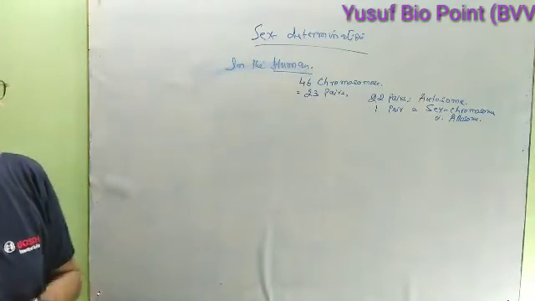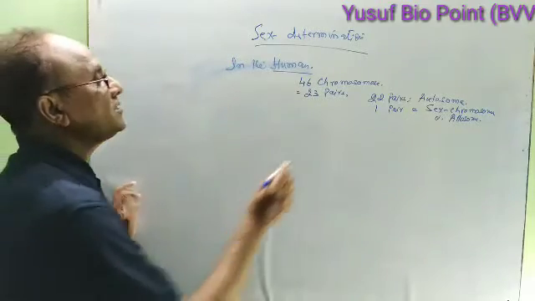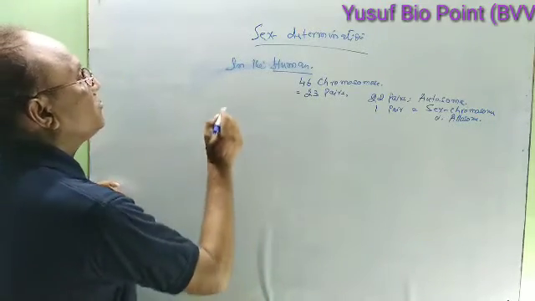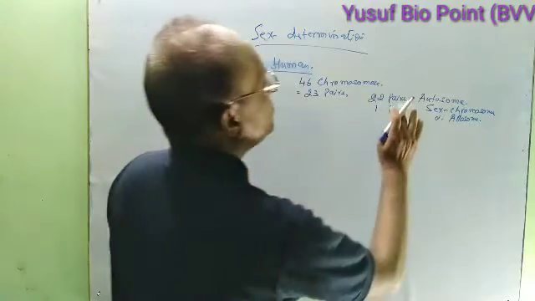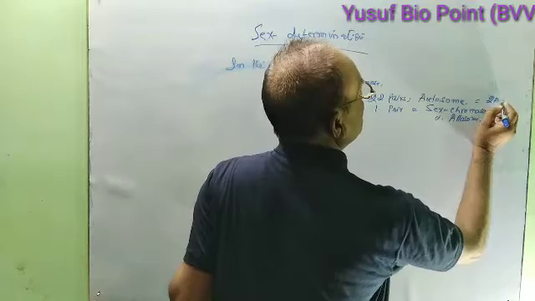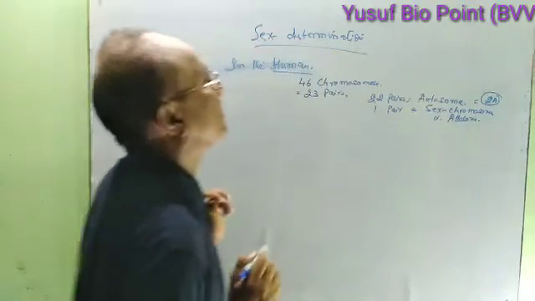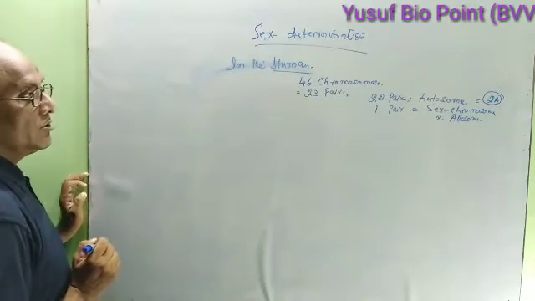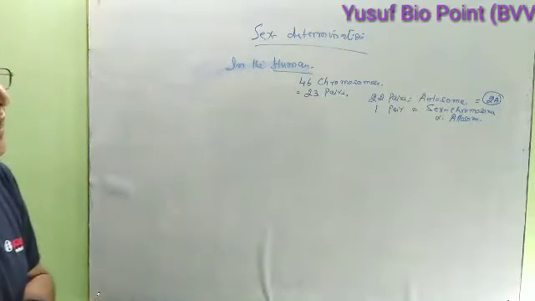Allosomes are called. And so we found that these 22 pairs of autosomes are denoted by 2A.